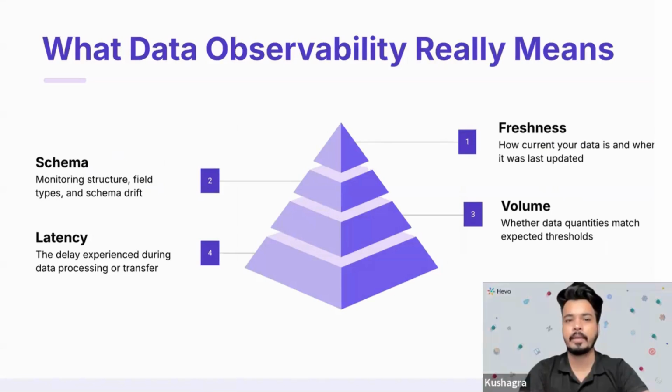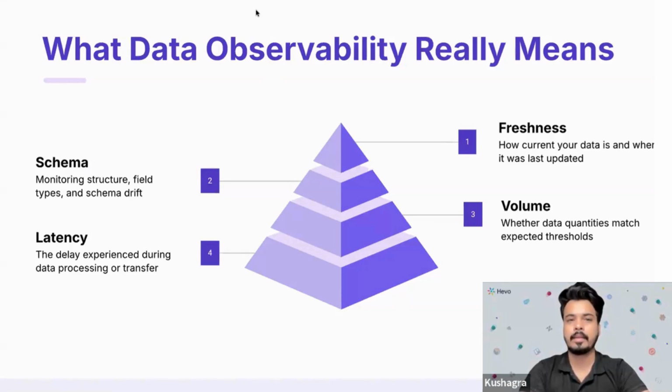Yeah, it's a very contemporary term, right? But observability is more than monitoring. It's about understanding your data's health across multiple dimensions. Some of them are mentioned over here. Freshness: is your data up to date? What about volume? Are row counts as expected?